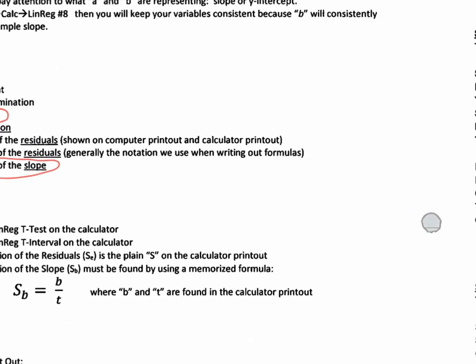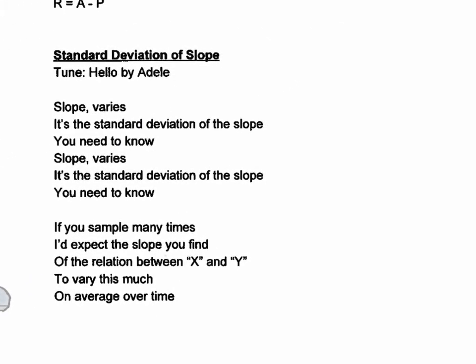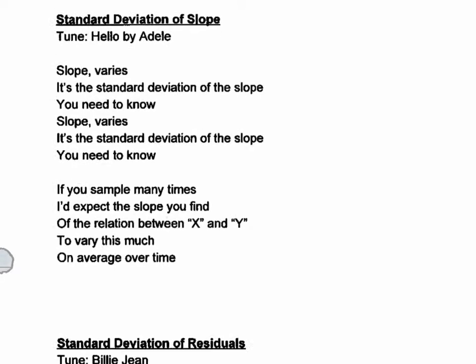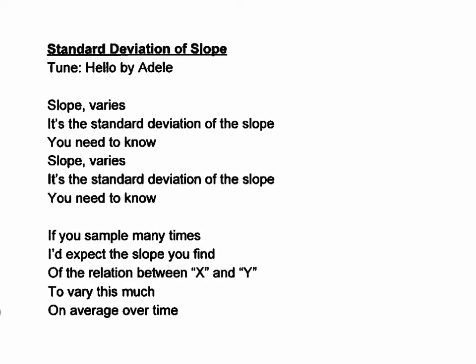Okay, so now you have these 2 songs. Standard deviation of the slope is one of them, and then we'll talk about standard deviation of residuals in the middle. But we did this song before where if you sample many times, I'd expect the slope you find of the relation between X and Y to vary this much on average over time.